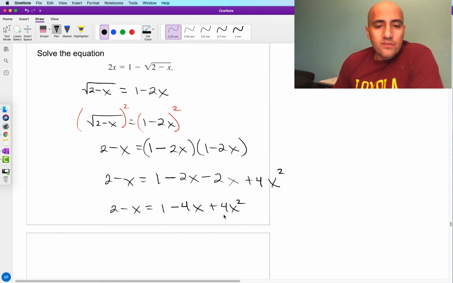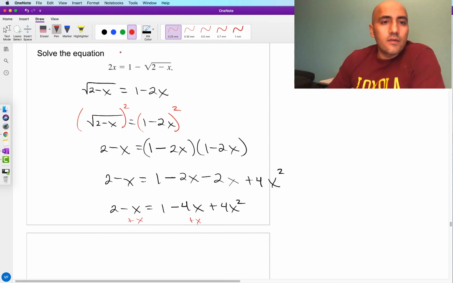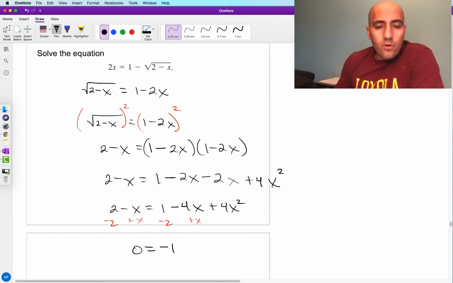And then if I move this over to this side, I have to add plus x, and then minus 2 and minus 2. So I'll get 0 equals negative 1 minus 3x plus 4x squared.